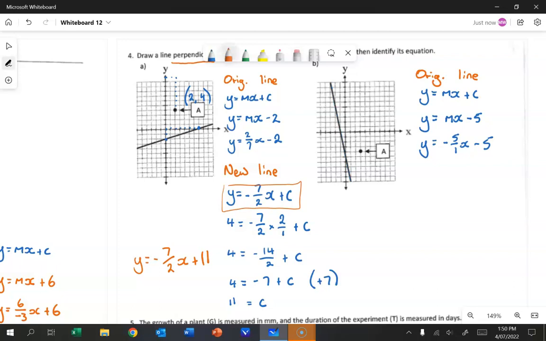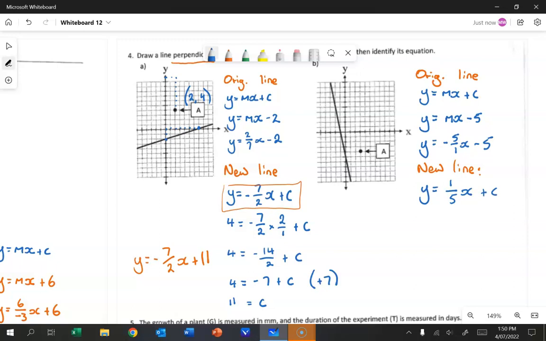Let's keep going. We've got a new line. Our new line will be y equals, and instead of 5 over 1, it will be 1 over 5x, and it will be positive because it originally was negative, and we don't know what our c value is.